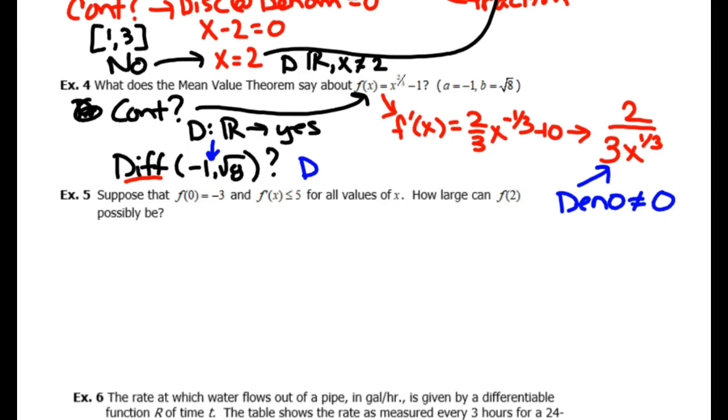The answer is yes. The domain of the derivative is all real numbers except 0. Therefore, this function is not differentiable from -1 to the square root of 8. Therefore, again, the mean value theorem does not apply to this function, and we just don't do any more work. The problem is all over.